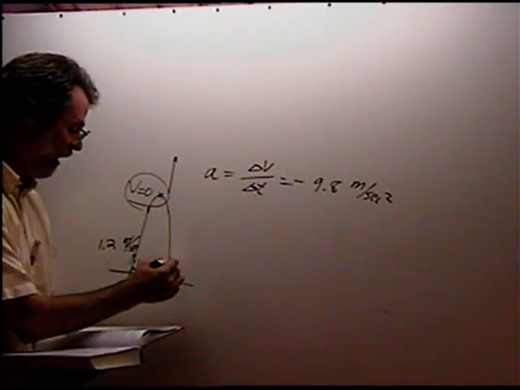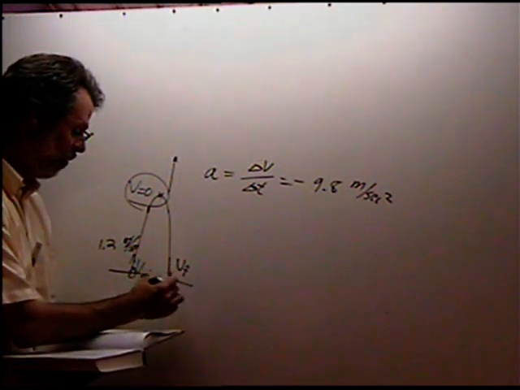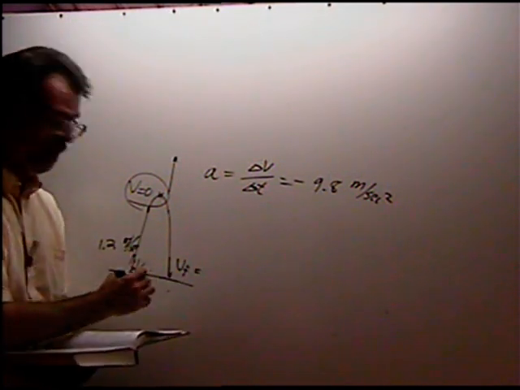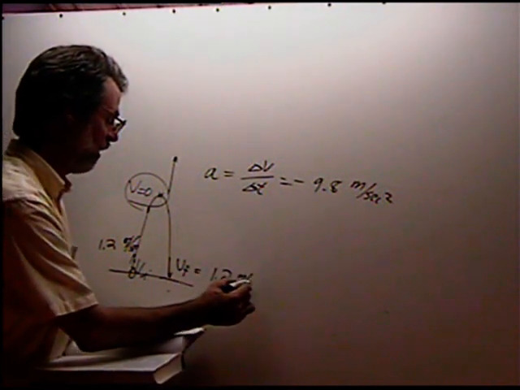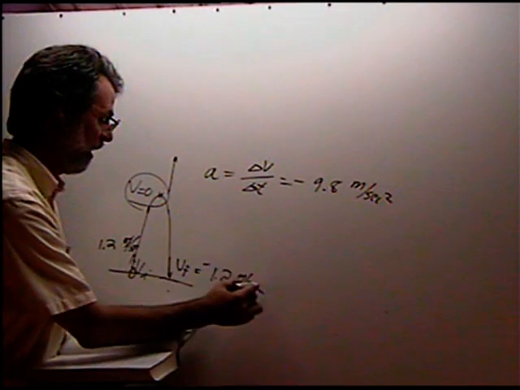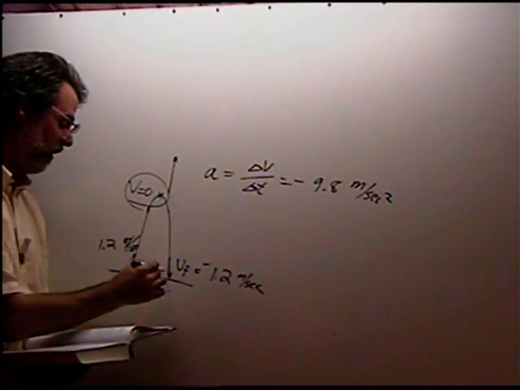Well, it will be exactly the final velocity here, right at the same point. This is a symmetric problem. It will be exactly 1.2 meters per second, but in the negative direction. There will be a minus sign as it is coming back down.